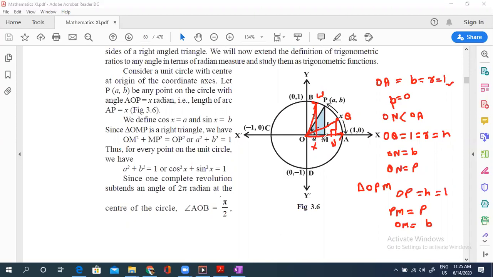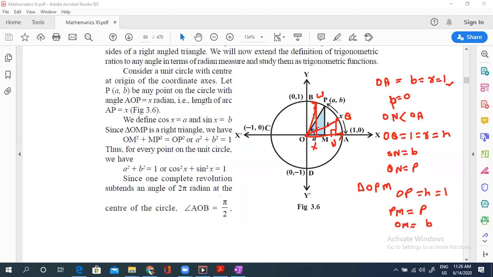So you can observe that as the point moves from point A to point B, the length of the perpendicular is increasing and the length of the base is decreasing, whereas the length of the hypotenuse is constant. Yes or no?